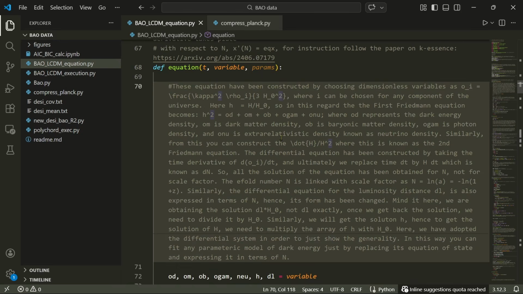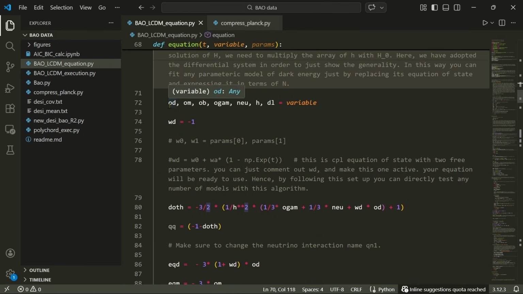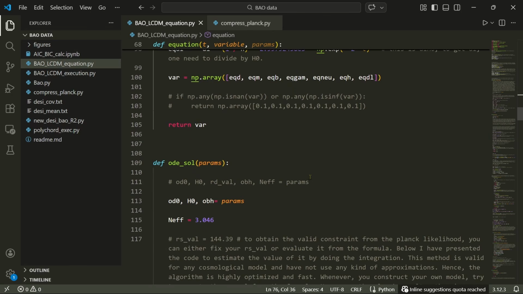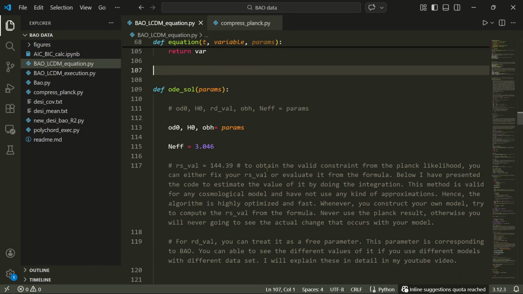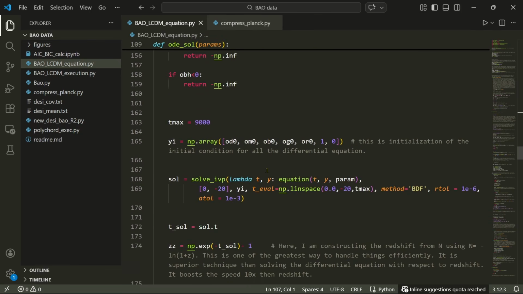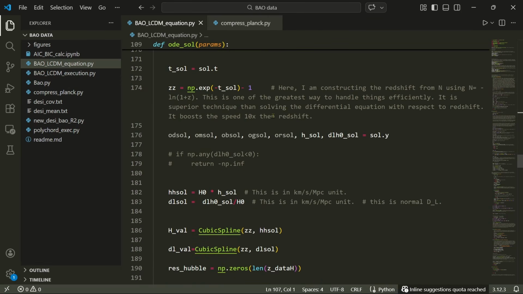All right, so I have described everything, but now this is the important thing: what are my variables, and how I am going to define them. That is what I'm going to explain now. Here I am solving my ODE, the ordinary differential equation. How I'm going to solve it, I'm going to talk about in a bit. Once I have defined my ODE, I already have the different block for the equation.